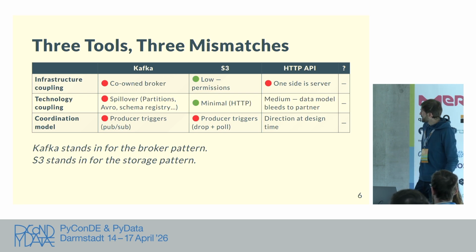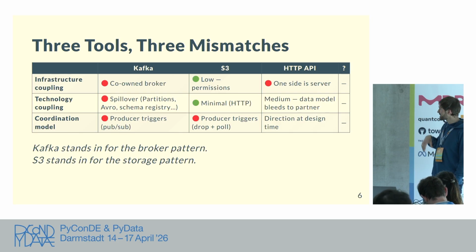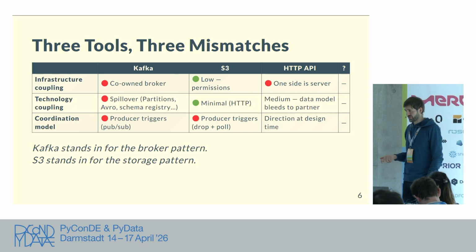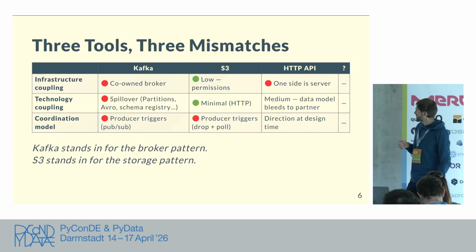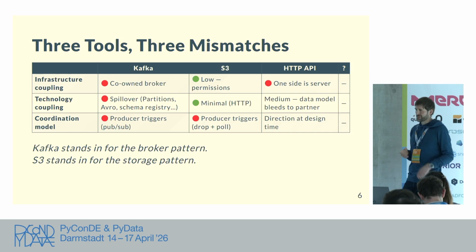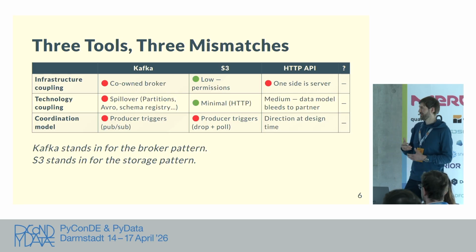When you look at REST APIs, things are a little bit more complicated. Infrastructure is asymmetric as opposed to the other ones, so one side has to be the server. And that comes with security, with development, with data model maintenance, and so on. When we look at the technology, it's okay, but REST APIs have one problem. They usually cross the layer between the transport and the data model.